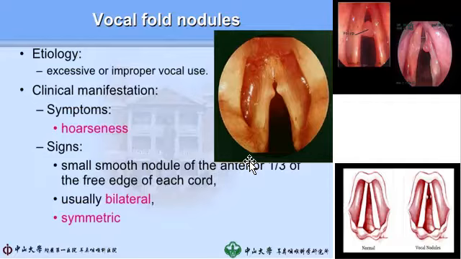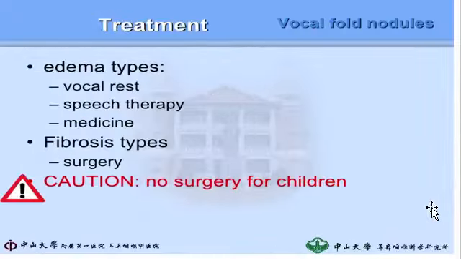Now about the vocal fold nodules, the etiology of this is the excessive or improper vocal use. The clinical manifestation is the hoarseness. The sign you see is the small smooth nodule on the anterior third or the free edge of each chord, and usually it occurs bilaterally and is symmetrically located.